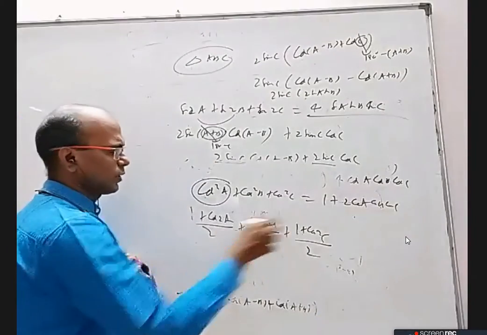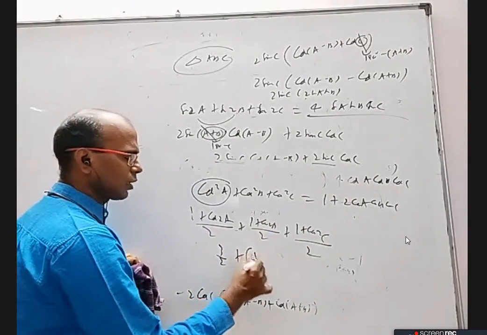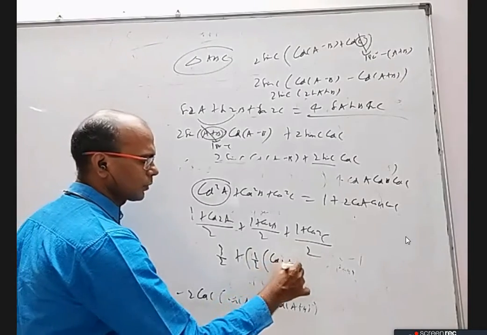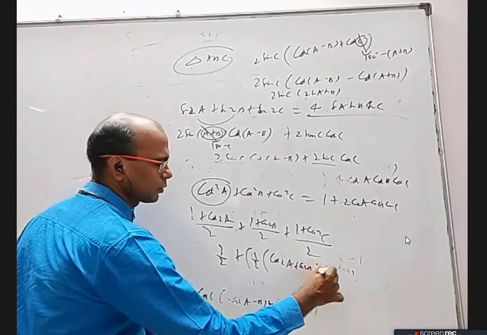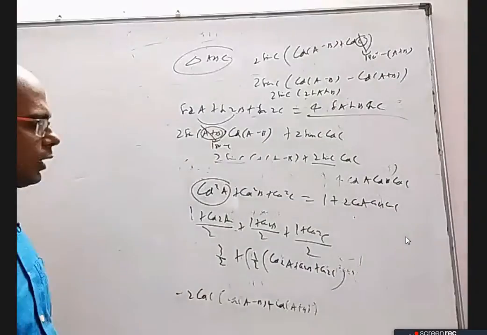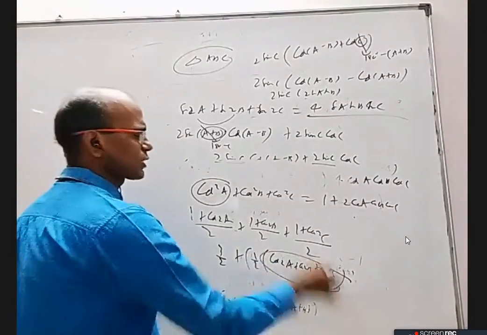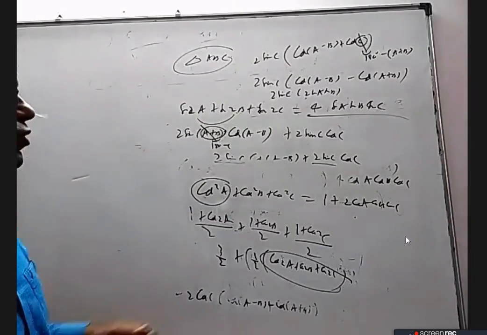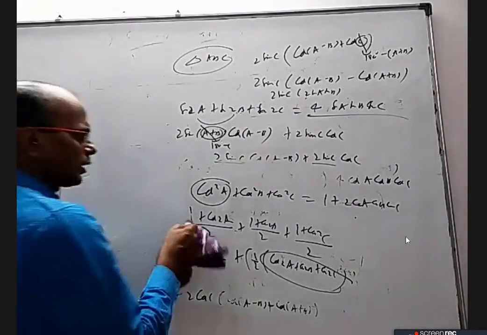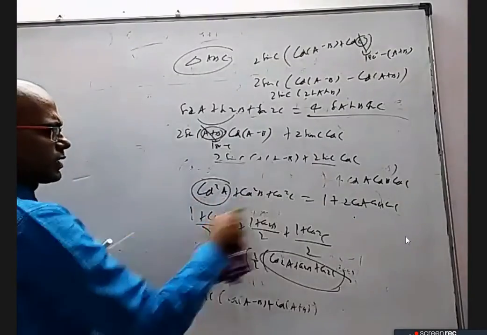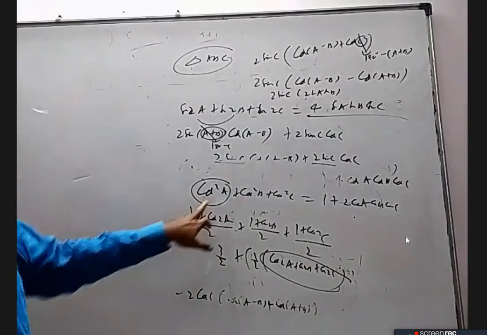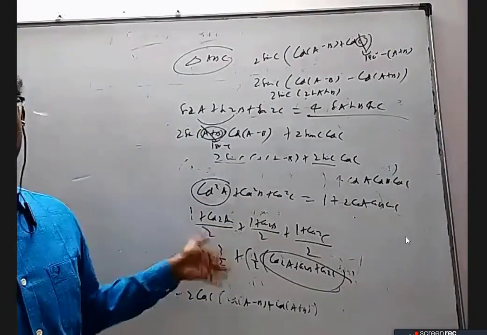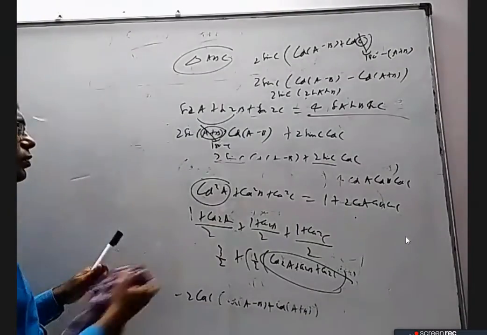Now 1 by 2 plus 1 by 2 plus 1 by 2 is 3 by 2, and half of cos 2a plus cos 2b plus cos 2c. And cos 2a plus cos 2b plus cos 2c, just now I discussed, right? Yeah, you can follow the whole process. So the way to avoid squares is this formula, that cos square theta can be written as 1 plus cos 2theta by 2. Then square will be removed.